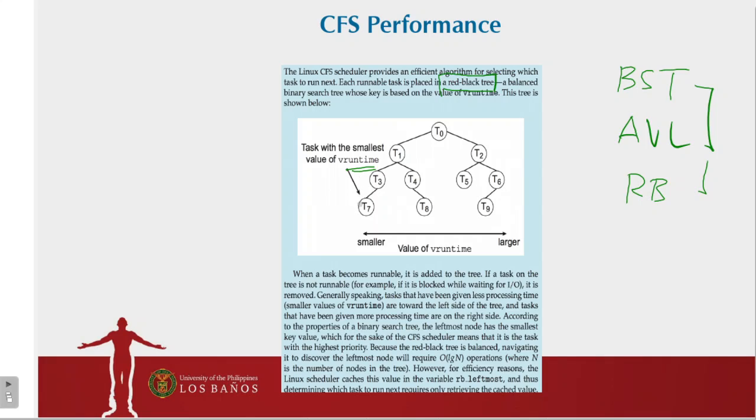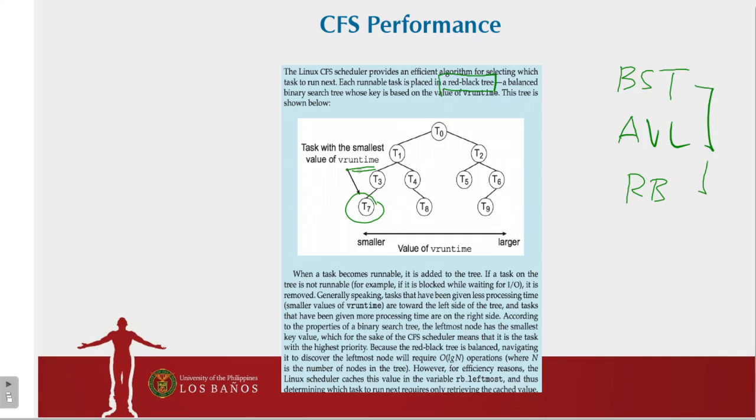So what happens is when a process is created, it is given a minimum vruntime, and then it is added to this red-black tree, and the scheduler will simply pick the leftmost as the next process to schedule to run on the CPU.